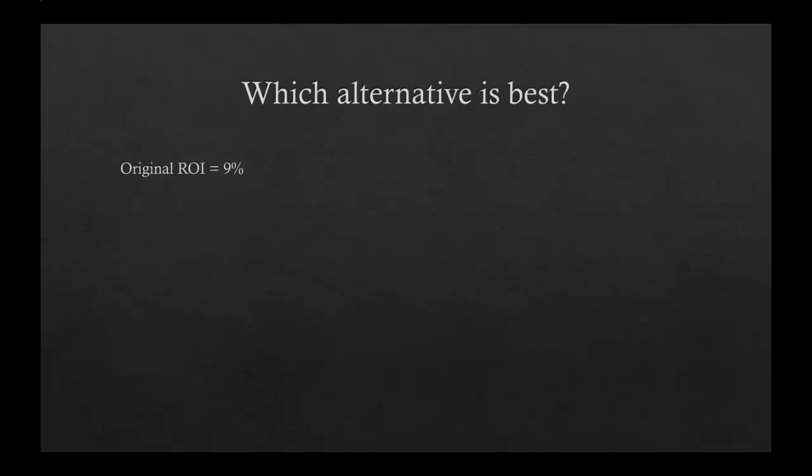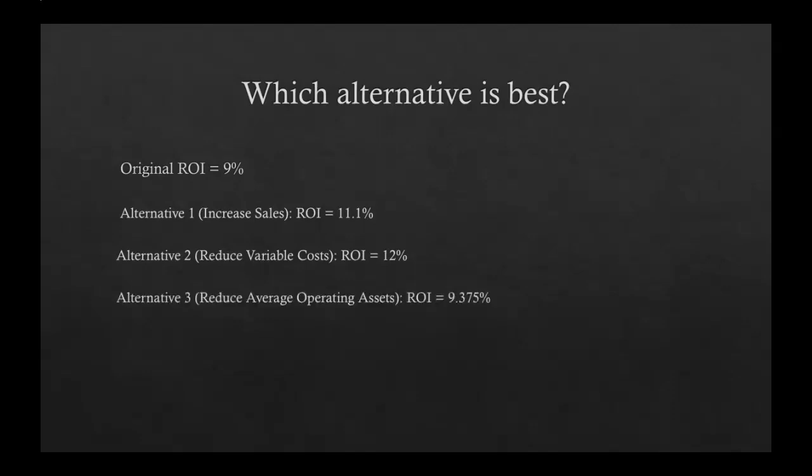So which alternative is best? The original ROI was 9%. Alternative 1, which was increasing our sales with no change in the contribution margin, that ROI was 11.1%. Alternative 2, reducing variable costs, that gave us an ROI of 12%. And alternative 3, reducing your average operating assets, gave an ROI of 9.375%.